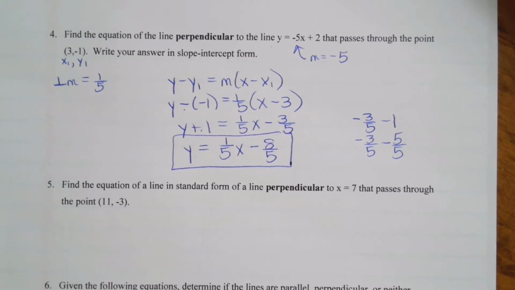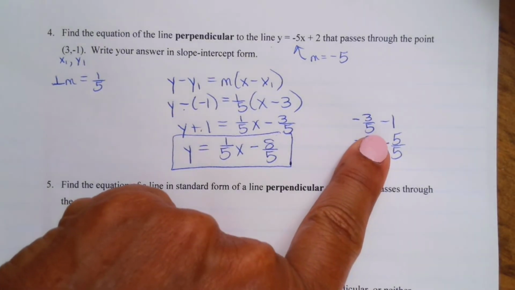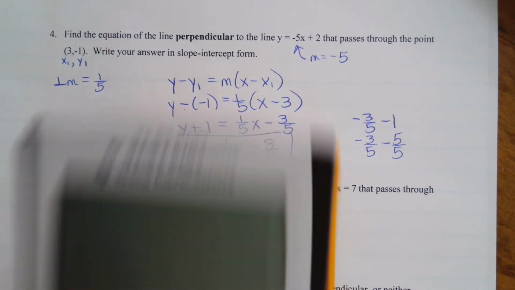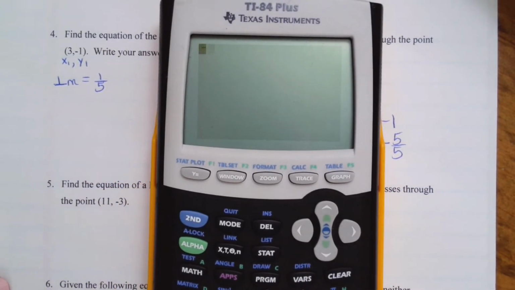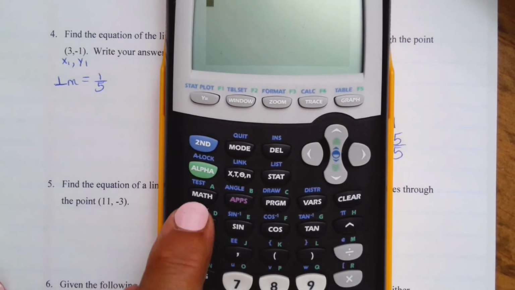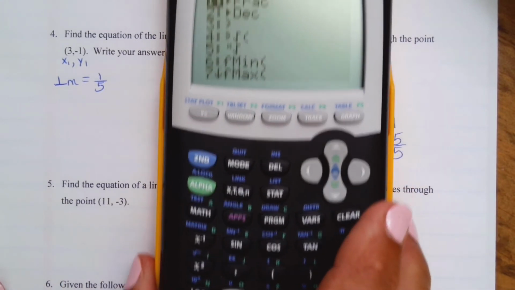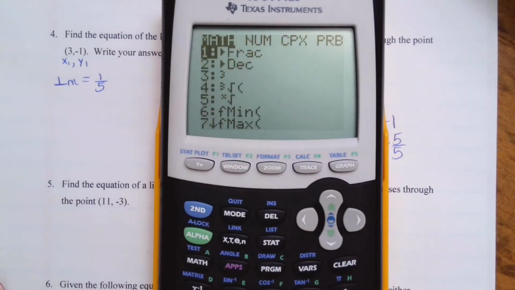And by the way, if you're using your calculator, I just want to go through with you. So let's say you were putting this in, negative 3/5 minus 1. If you put in negative 3 divided by 5, and then minus 1, you're going to end up with a decimal. So remember, to switch it back, you would hit math and then choose number 1, which is fraction.